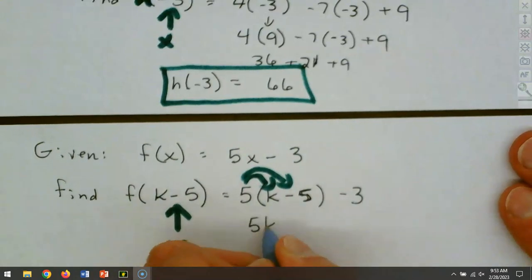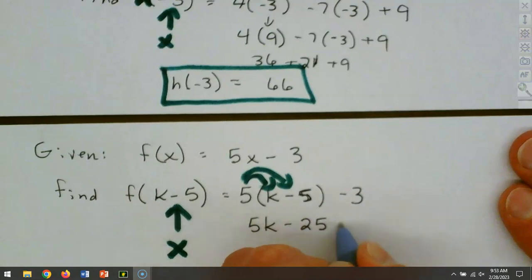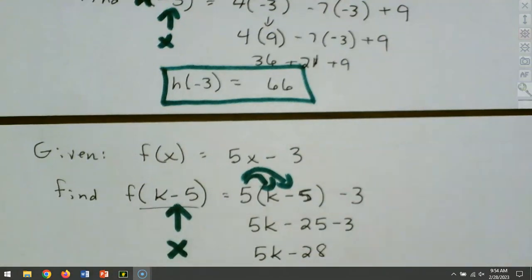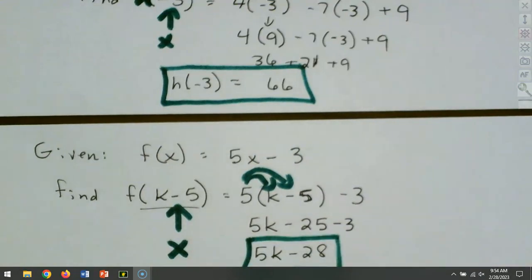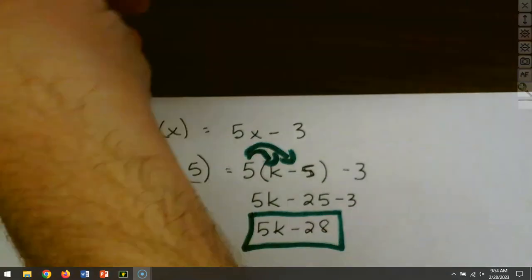And that leaves you with 5k minus 25 minus 3. So now we have 5k minus 28. And that is your f of k minus 5 there. So we just plug our value in.